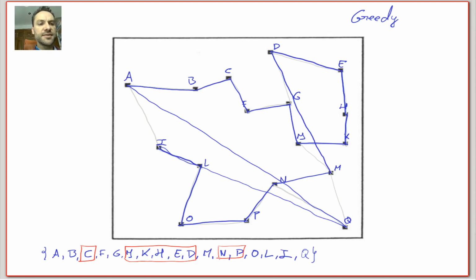So if these chunks are removed, then we are eliminating these arcs from B to C, from C to F, from G to J, from D to M, from M to N, from P to O. And these chunks become alternatives when reconstructing the solution.